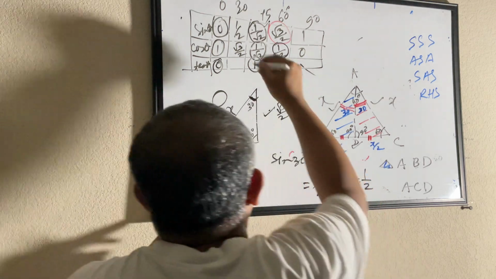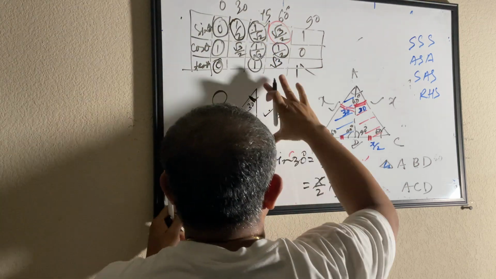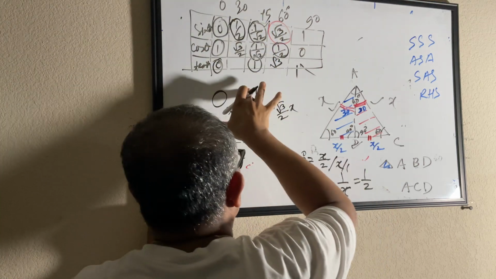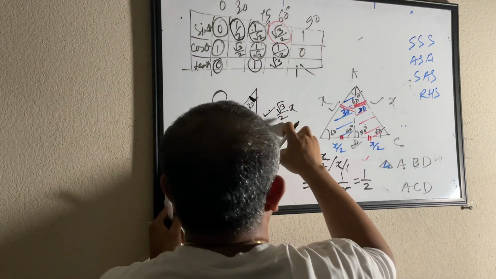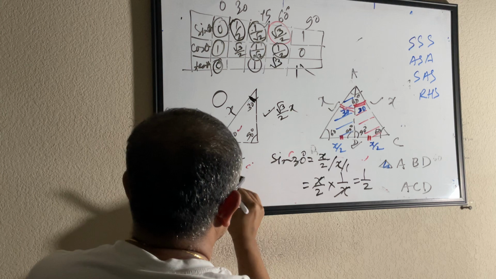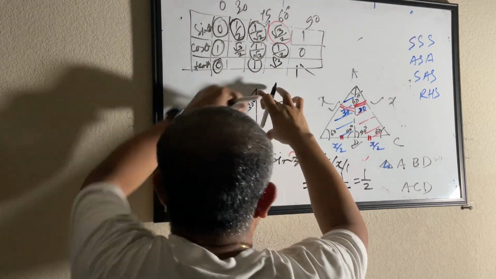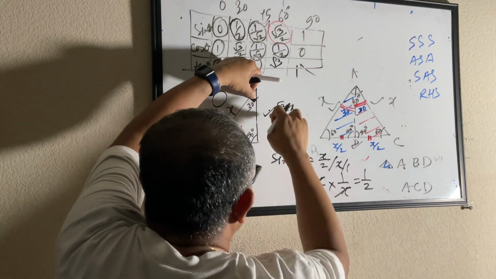Sin 30 is 1 by 2. Same way, cos 30, you will take this angle, and this becomes your adjacent side divided by hypotenuse. This is the angle, so this is the opposite side, this is the adjacent side.